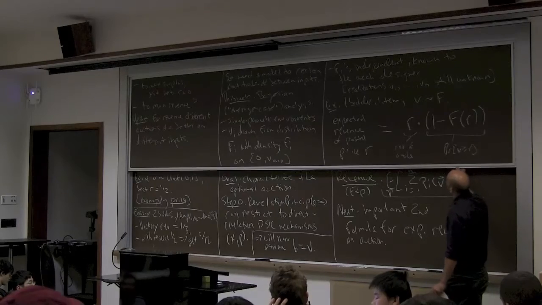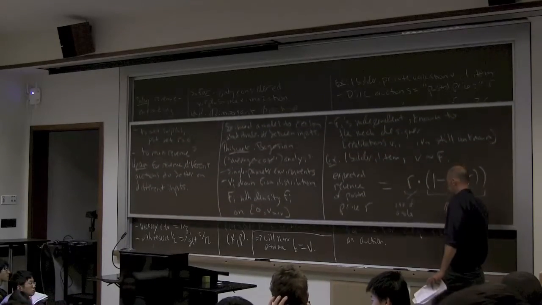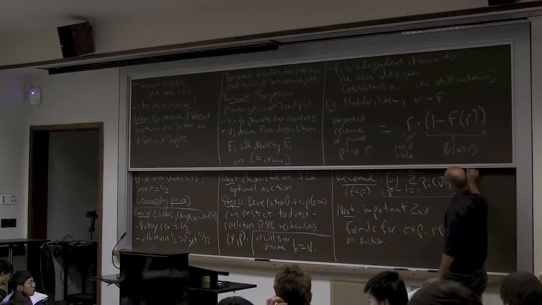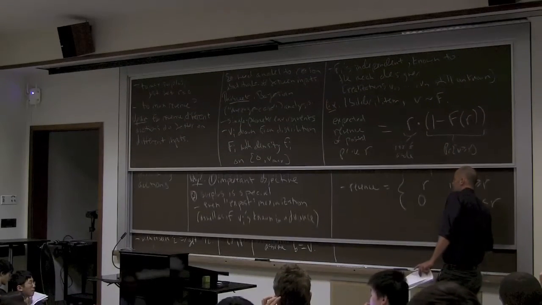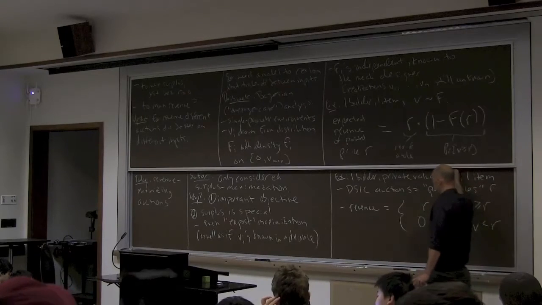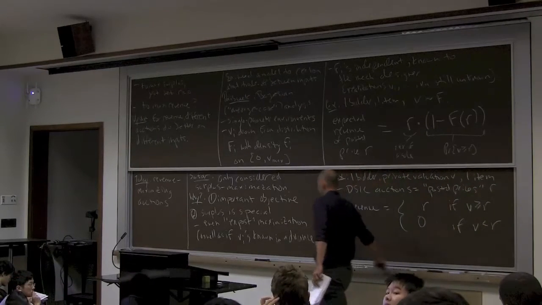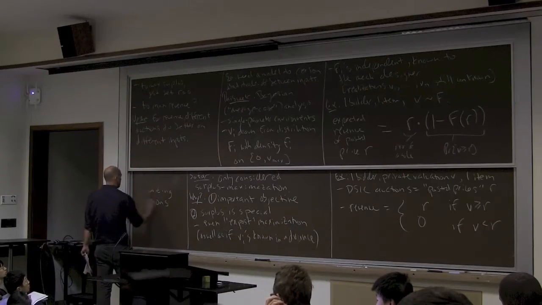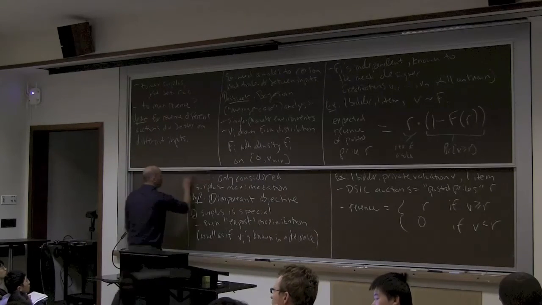All right, so what do I want to erase? I want to erase this. No. Erase this. So this second formula for the expected revenue is going to be yet another killer application of Myerson's lemma. In particular, we're just going to start from Myerson's payment formula.